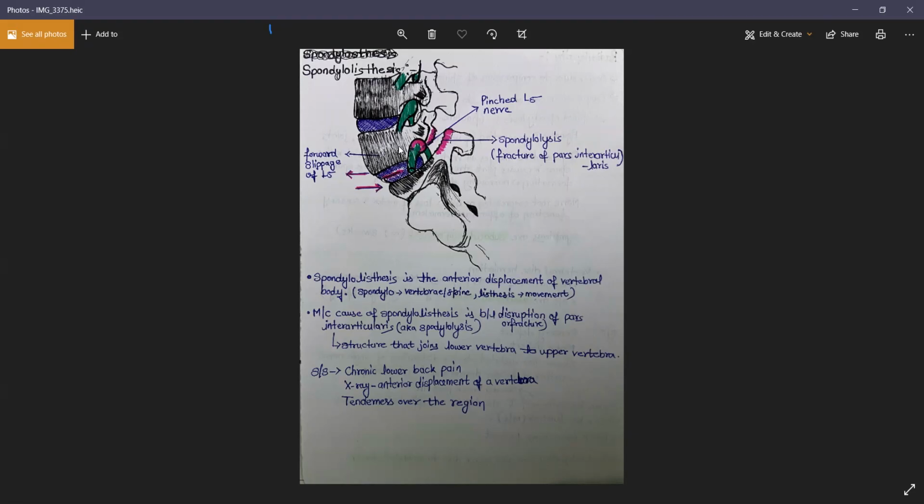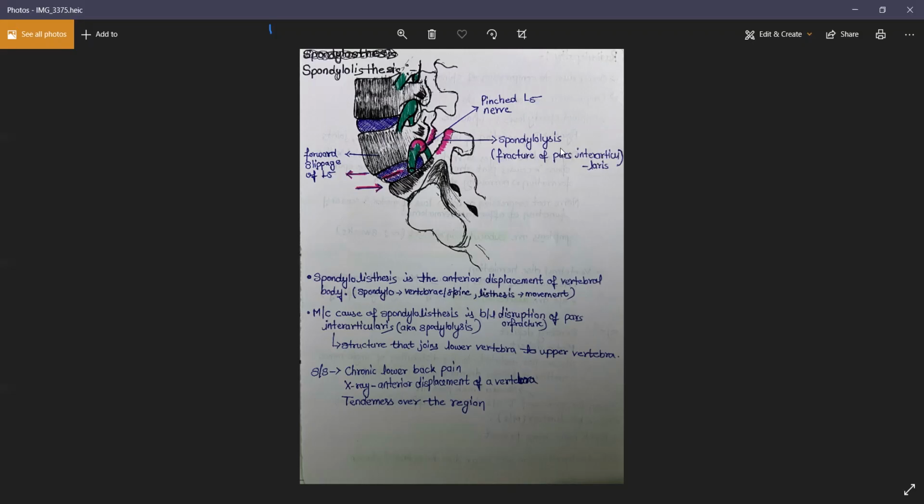Now, in case of a spondylolisthesis, you will have the anterior or posterior movement of the vertebrae with respect to each other, because of weakness in the disc and a fracture that involves the pars interarticularis. You have a location in the spine known as the pars interarticularis.